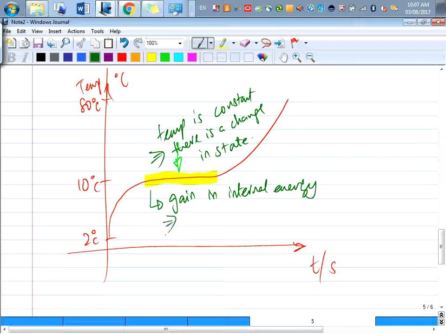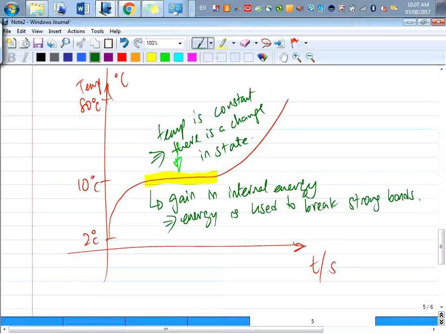Since the kinetic energy is not increasing, then we know that energy is used to break strong bonds.